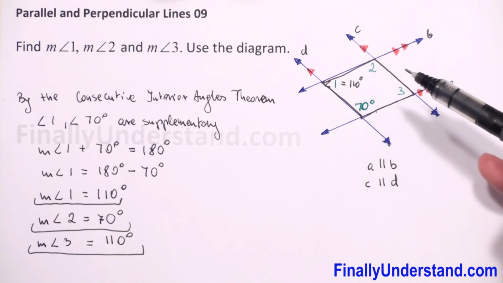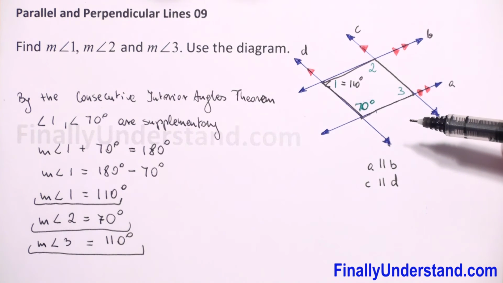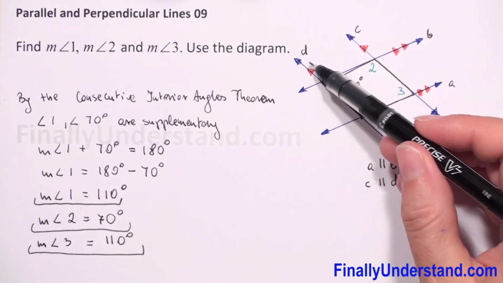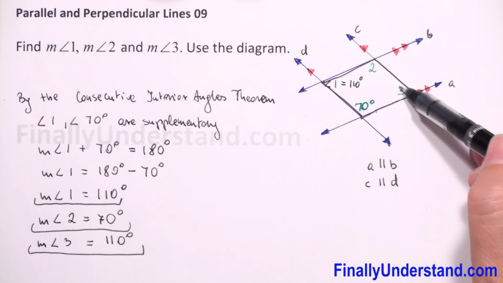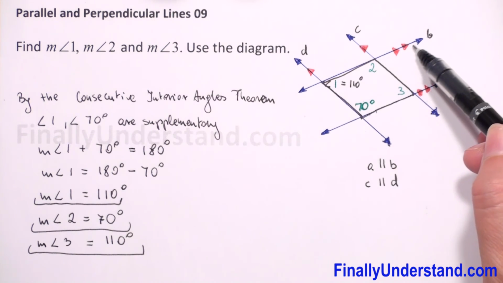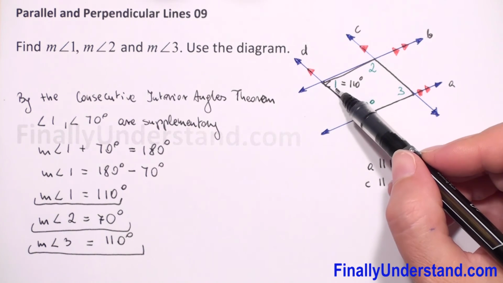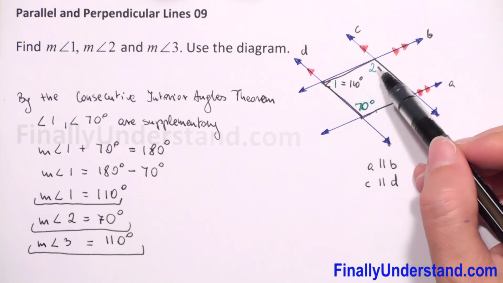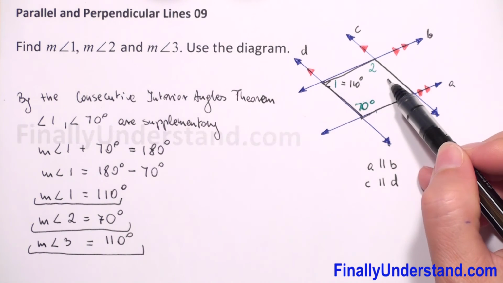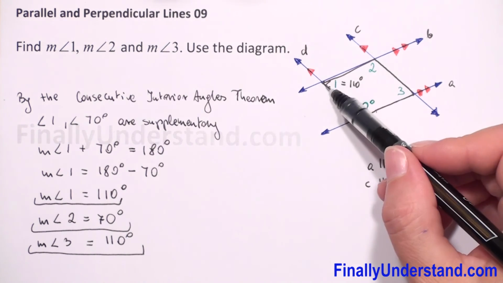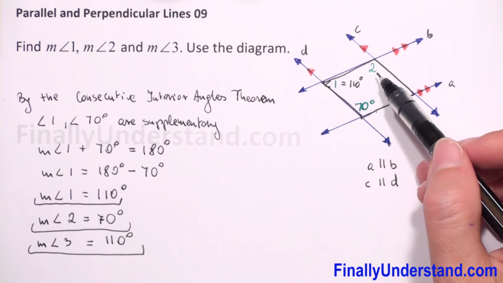Or you can use again consecutive interior angles theorem to find angle 2, because now we have these two parallel lines cut by this transversal. So the angles which are between these two parallel lines and on the same side of our transversal are supplementary.